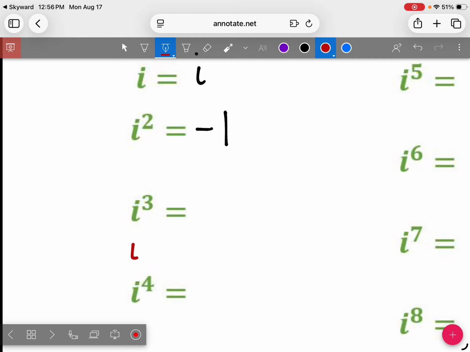I'm going to split it apart to i squared times i. Do you agree that these still add to 3? 2 plus 1 is still 3? Okay. So i squared times i means I have -1 times i. And what do you think -1 times i is? -i.